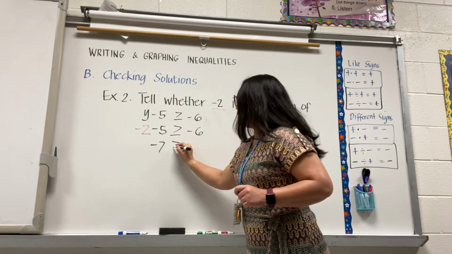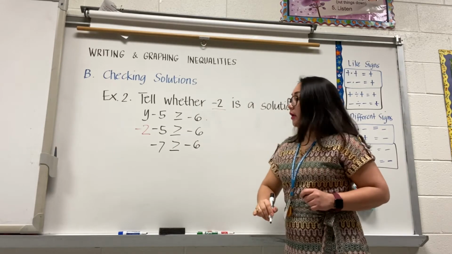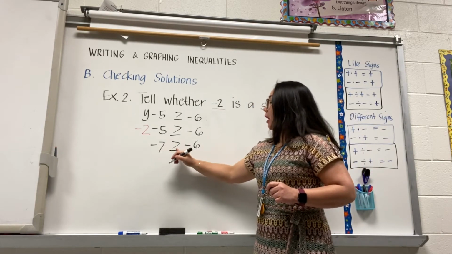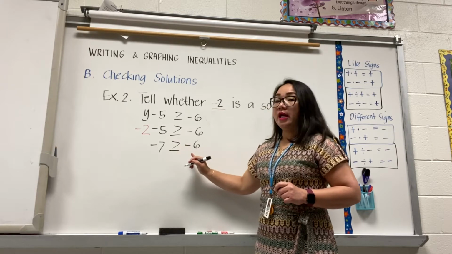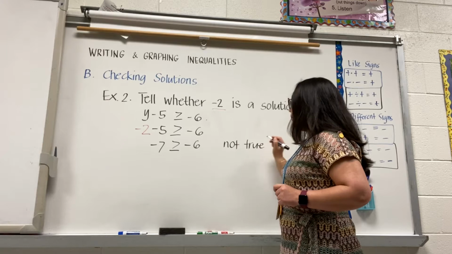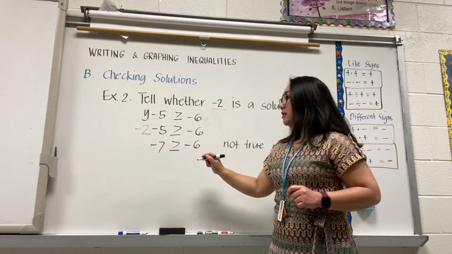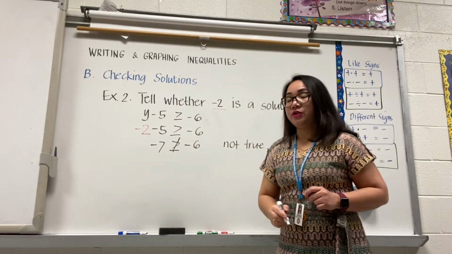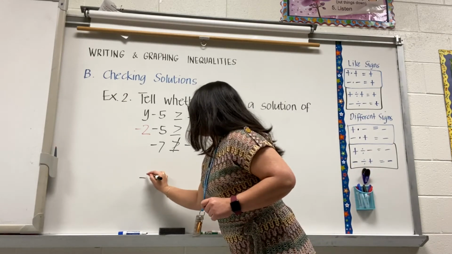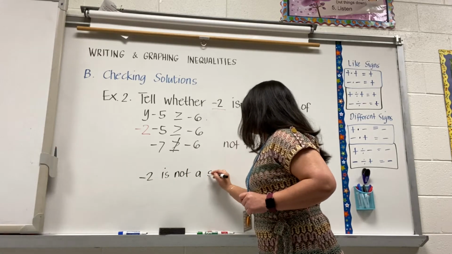Then write the symbol greater than or equal to negative 6. Now here, negative 7 is greater than or equal to negative 6 is not true, because negative 7 is less than negative 6. So this is not true. Therefore, negative 2 is not a solution.